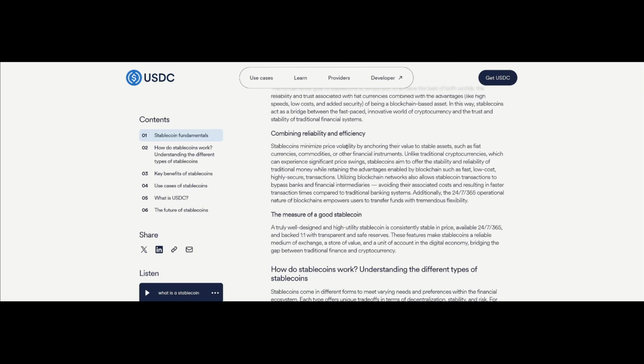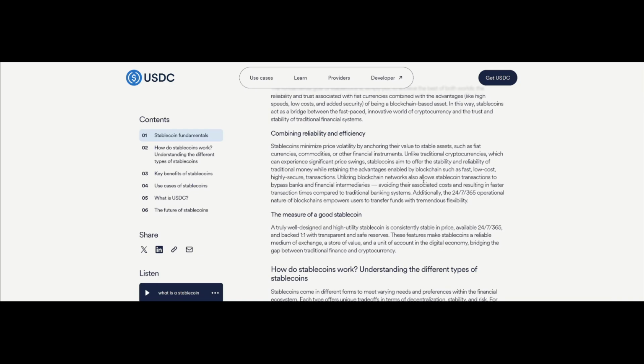Stablecoins minimize price volatility by anchoring their value to stable assets such as fiat currencies, commodities, or other financial instruments. Unlike traditional cryptocurrencies, which can experience significant price swings, stablecoins aim to offer the stability and reliability of traditional money while retaining the advantages enabled by blockchain, such as fast, low-cost, highly secure transactions.